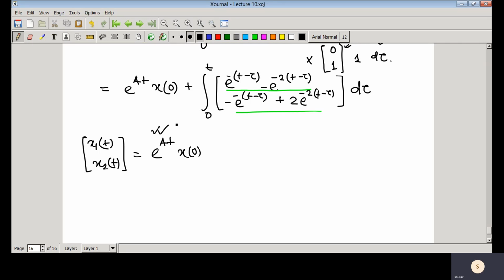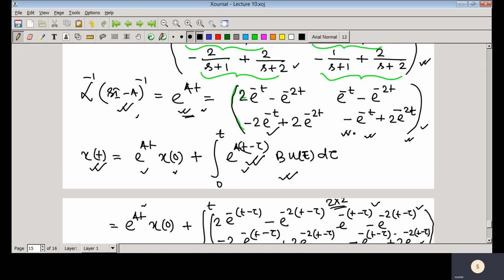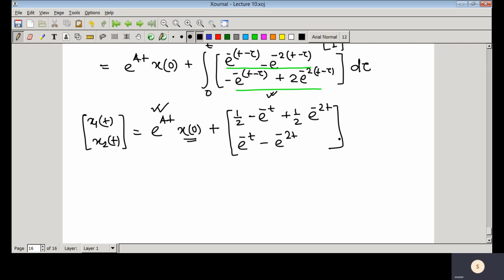You need to replace this e to the power At with what we get here, and you can take any initial condition. After integration you will get half minus e to the power minus t plus half e to the power minus 2t, and for this term you will get e to the power minus t minus e to the power minus 2t. So this is the solution of the state equation.